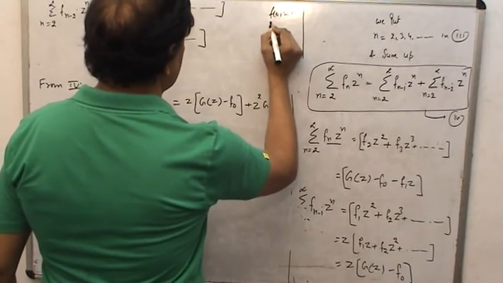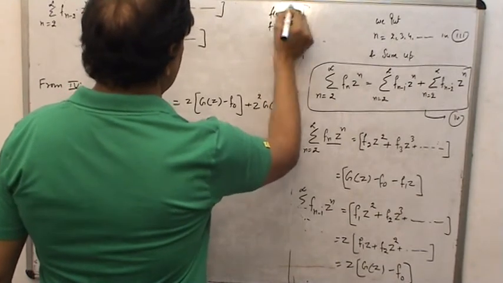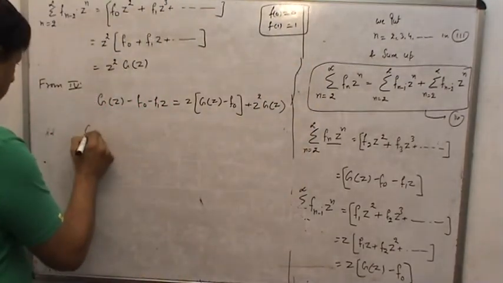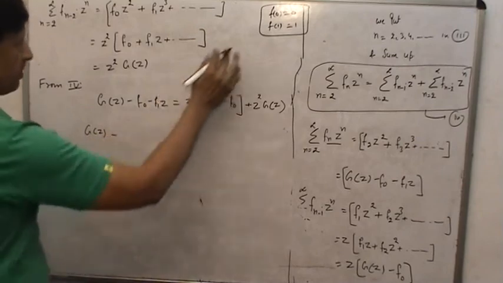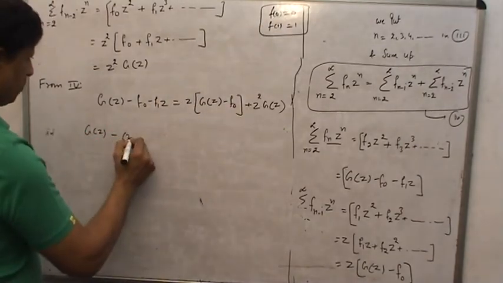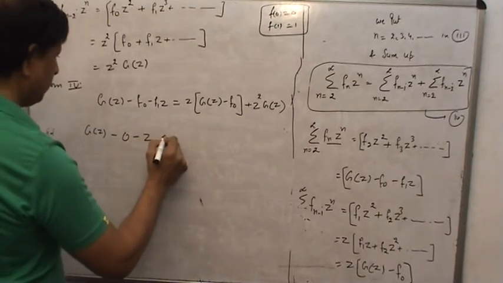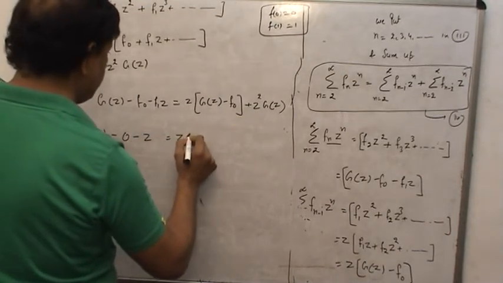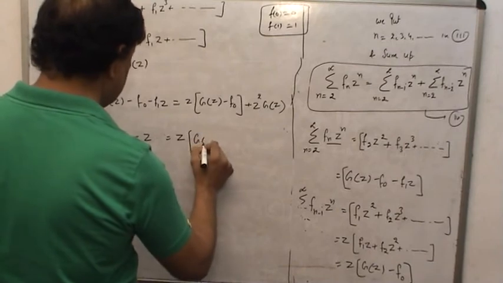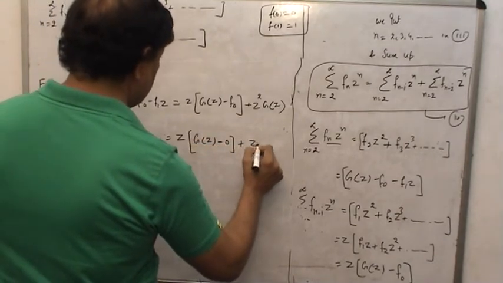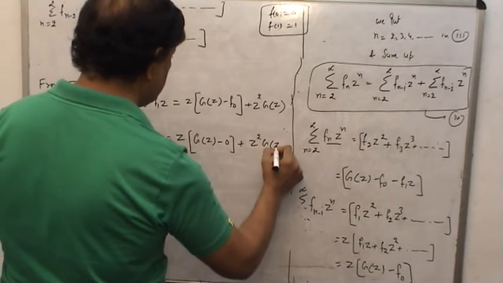f0 is equal to 0 and f1 is equal to 1. It means gz minus, what is f0? That is 0, minus, what is f1? 1, minus z is equal to z into gz minus 0 plus z square into gz.